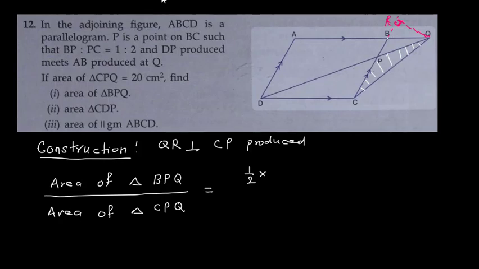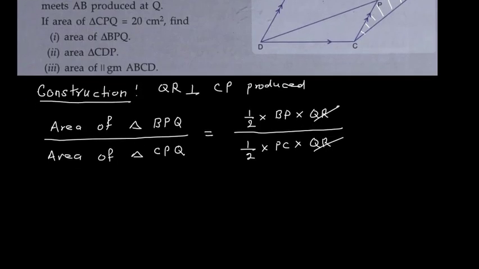In this triangle the base is BP and height is QR, divided by, for this triangle, area is half of base PC into height QR. So QR and QR we can cancel, and half and half we can cancel.